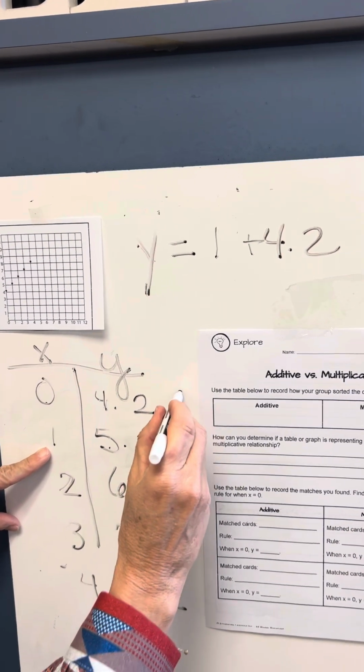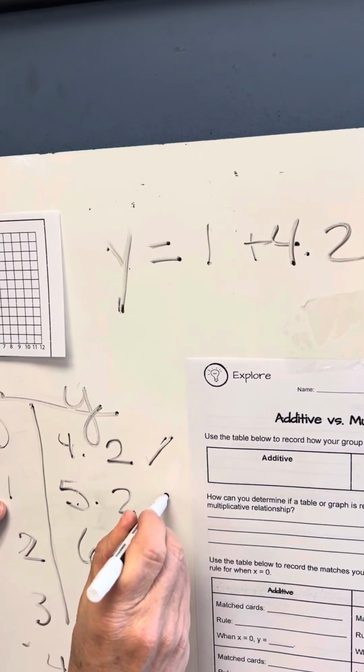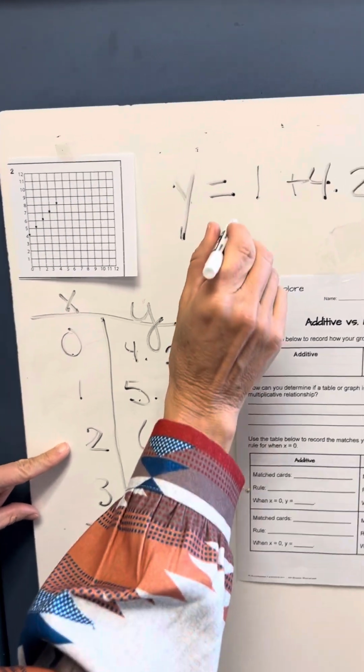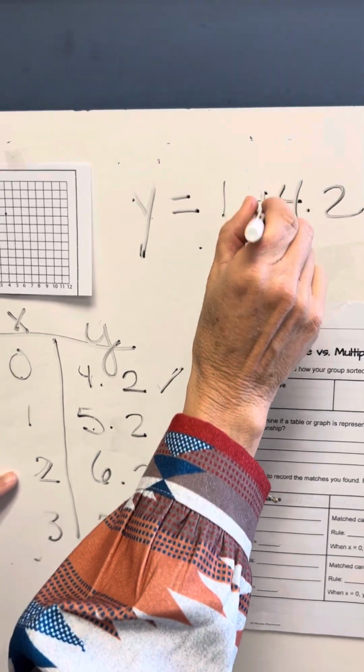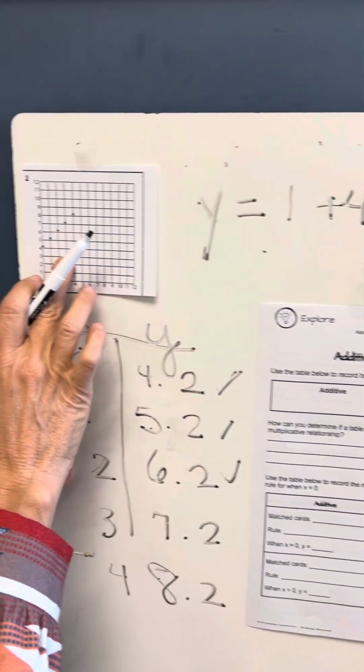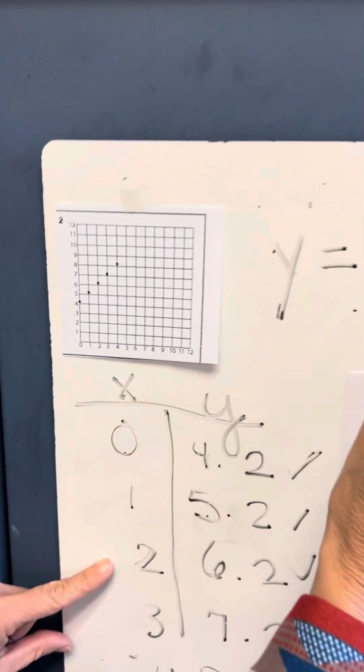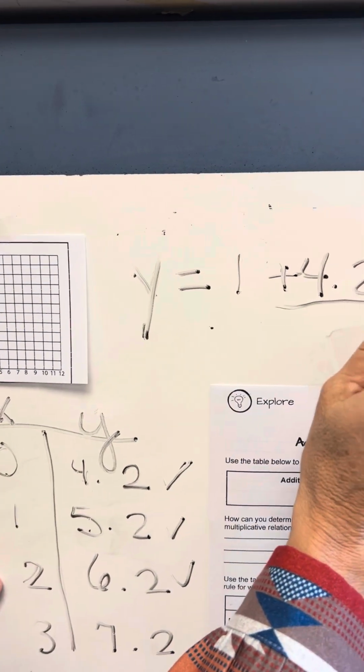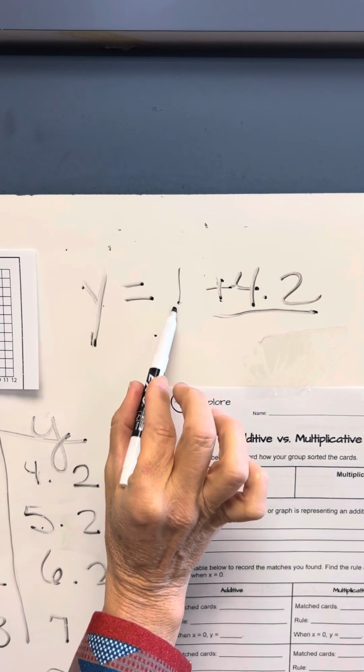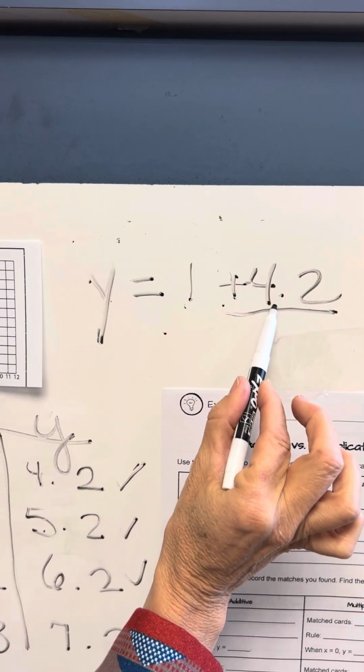I'm going to go on checking off each one that is true. It looks like this is the correct rule for this coordinate plane, and you can see that it's additive. Each time we're adding 4.2 to the value of x.